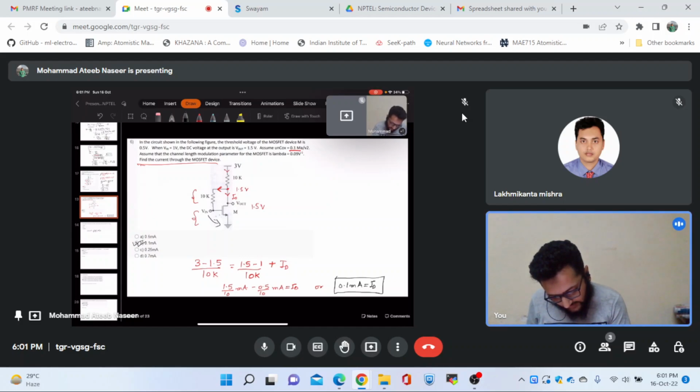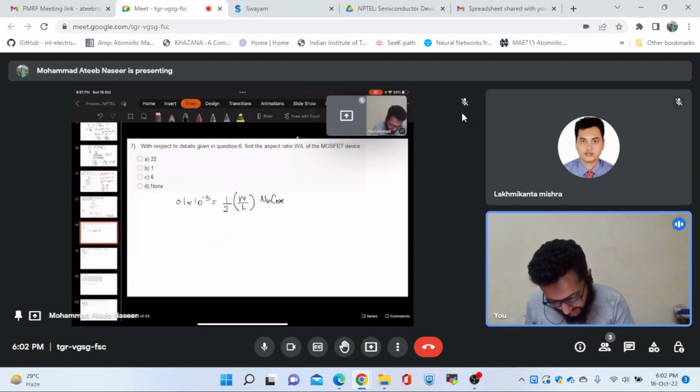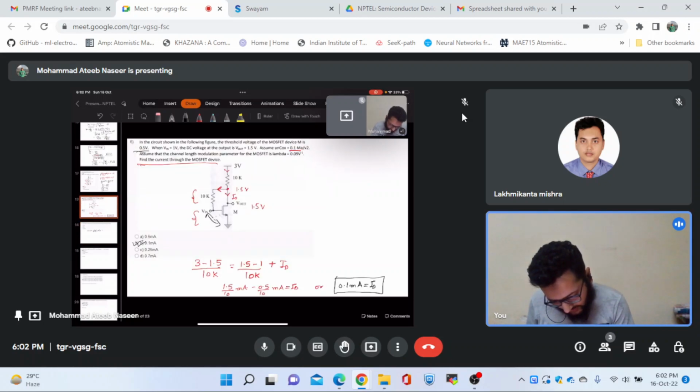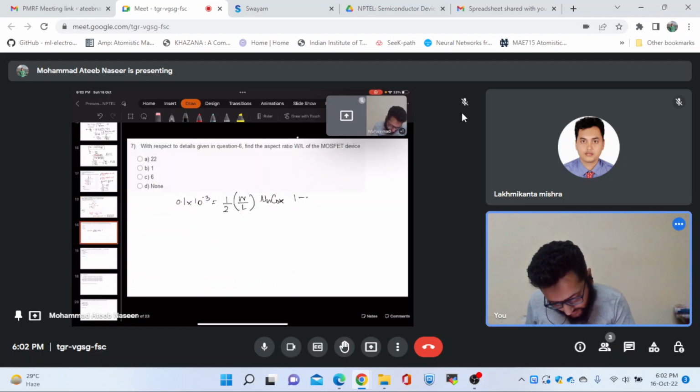VGS is simply this voltage, which is 1 minus this thing 0, and we have to subtract VTH. VTH is 0.5, so VGS minus VTH will simply become (1 minus 0.5) whole square, plus we have to take the channel length modulation into account, 1 plus lambda VDS.